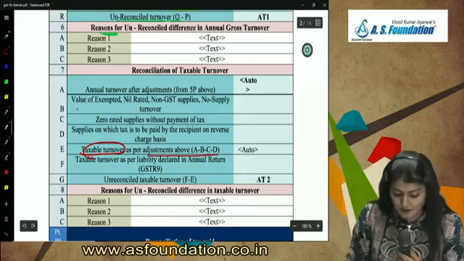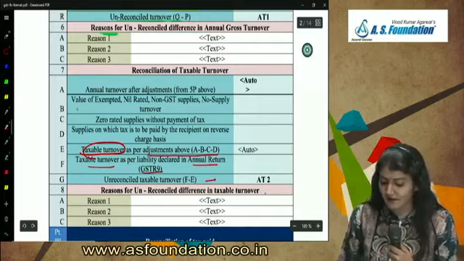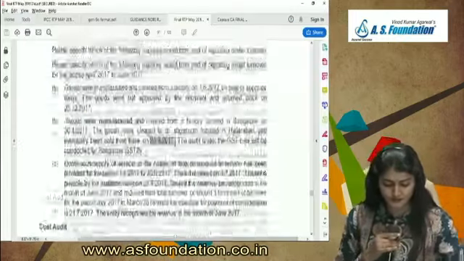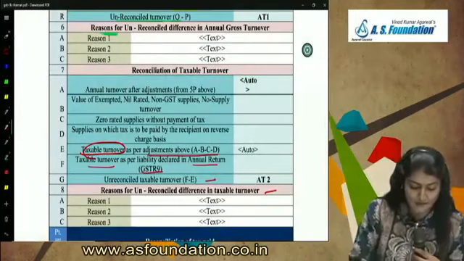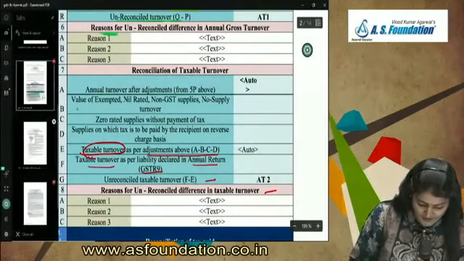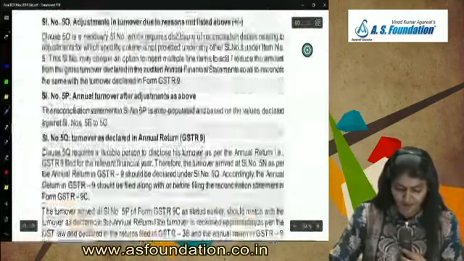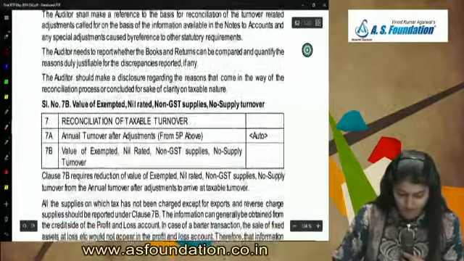And then taxable turnover declared in GSTR 9 and again the difference and the reason. Right, which are the 4 which you need to reduce? No supplies, nil rated supplies, exempt supplies and the non-GST supplies. Right, so let us see the examples for these 4 adjustments.